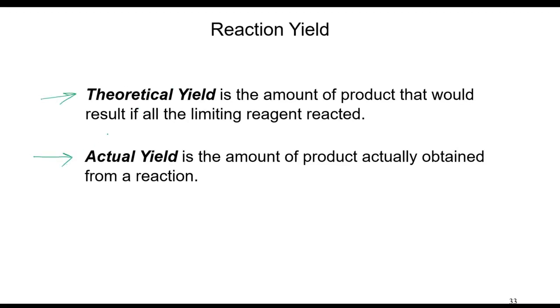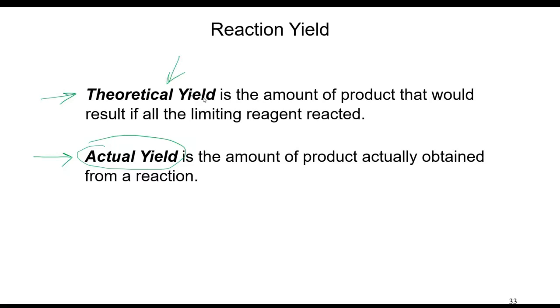The amount that is obtained after the experiment is known as actual yield. Clear this one? Yes, it's clear. This actual yield is always obtained after the experiment, after the reaction, and this theoretical yield is obtained after the calculation on the paper.